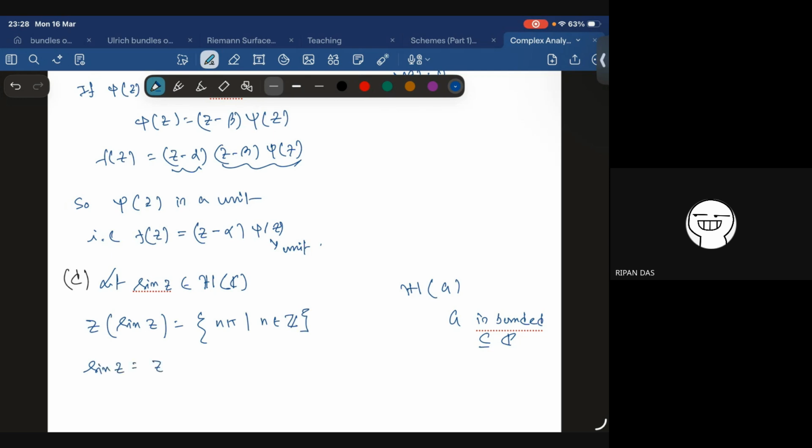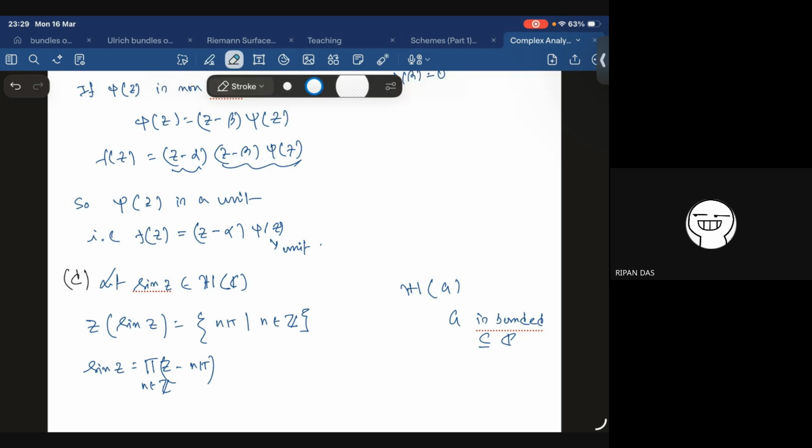The factorization just doesn't make sense, because there are so many factors, and each one of them should be dividing sin z.